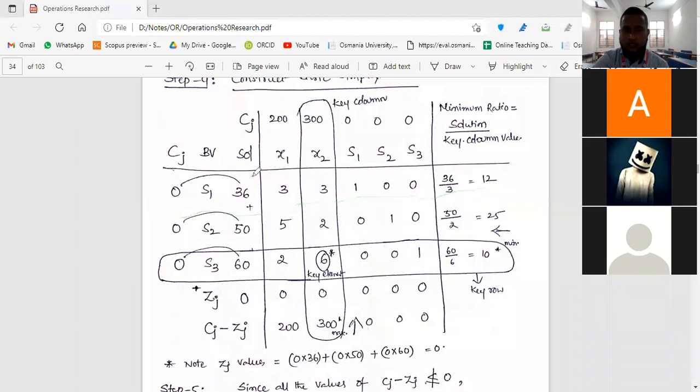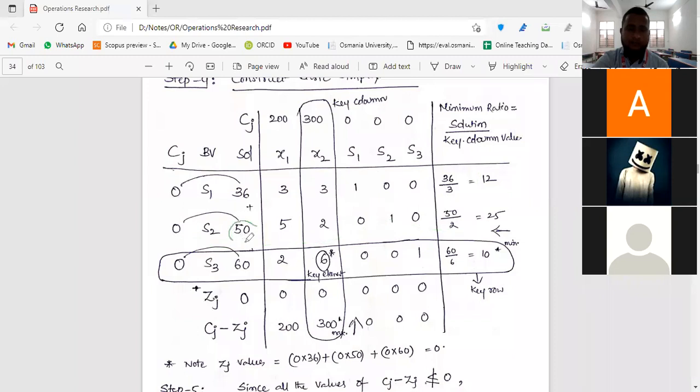Solution is 36. What is the key column value? This is the key column, no? So 3 is the key column value. So 36 by 3. How much? 36 by 3 is equal to 12.